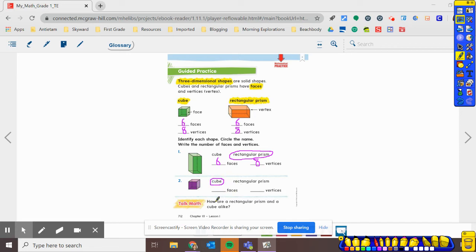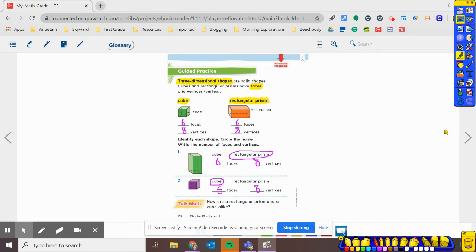And then I have to think, okay, cube, I know it has how many faces and how many vertices? It has 6 faces and 8 vertices. Make sure your paper matches mine.